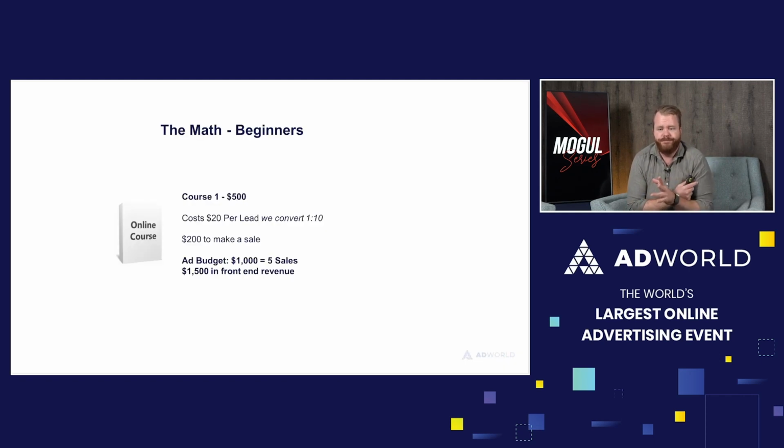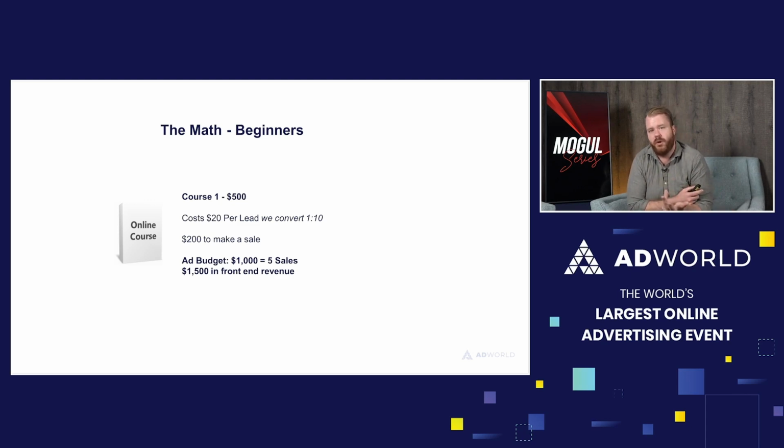So course one, $500. $500 is the value that we're going to be receiving when we make a sale. Cost, $20 per lead. That's what we're willing to spend to acquire a lead. And we will convert 1 in 10 of those. So if I get 10 leads, I'll make 1 sale.